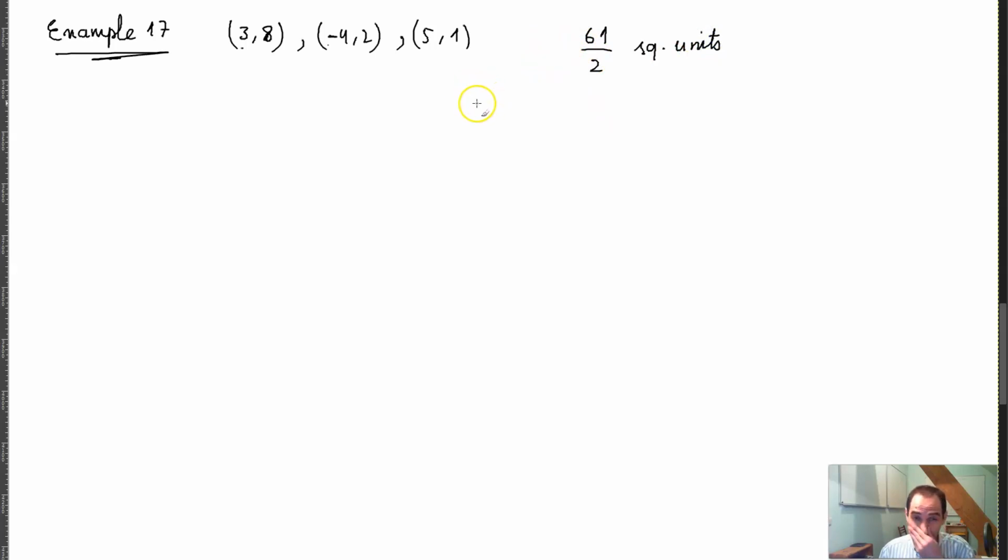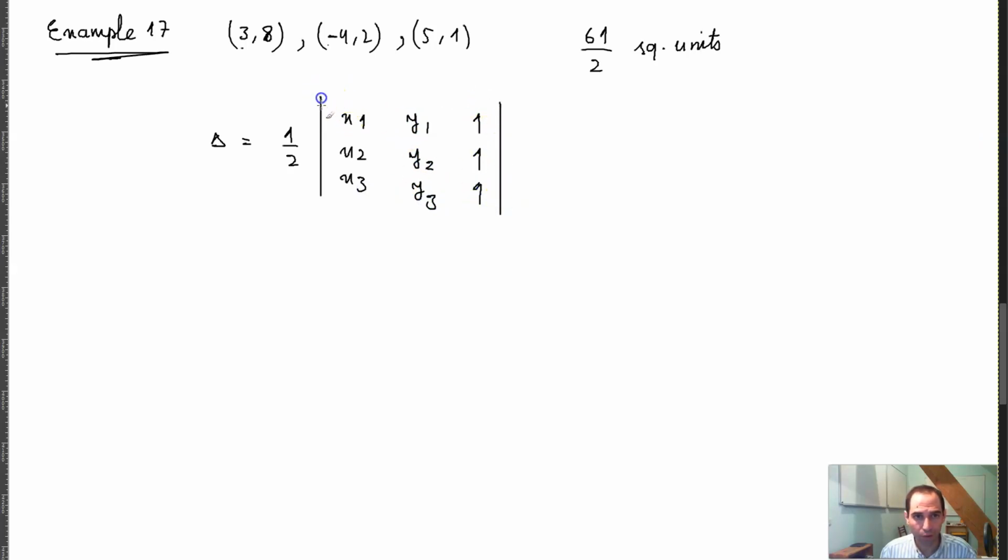So the determinant, you have to write it as delta is equal to 1/2 times x1, x2, x3, and y1, y2, y3, and you have 1, 1, 1 over here, right? So you can take this point as 1, this point as 2, this point as 3.